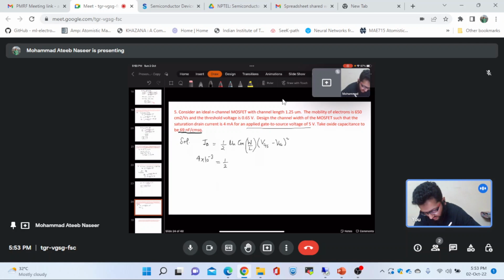Mu n is given to be equal to 650, and C ox is 69 nanofarad, so it's 69 into 10 raised to minus 9. Let me take the W as it is, and the L is 1.25. Since I have kept the L in micrometer, I will get the value of W also in micrometer. VGS is simply 5 volts and VTH is equal to 0.65.